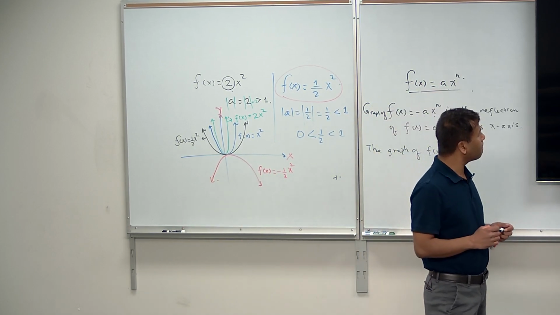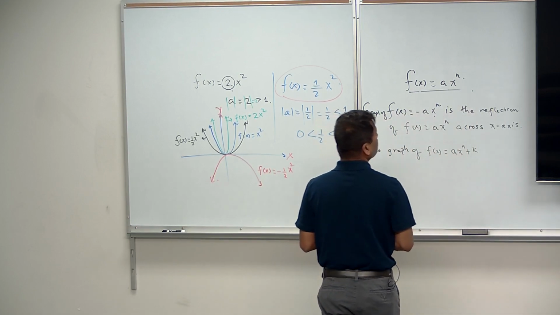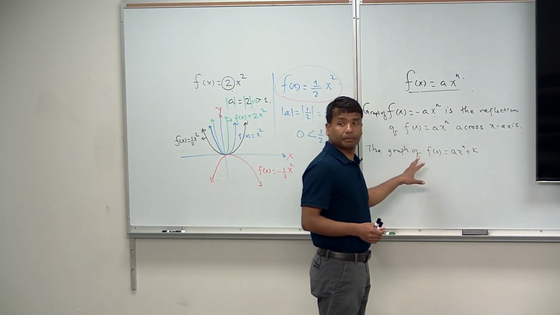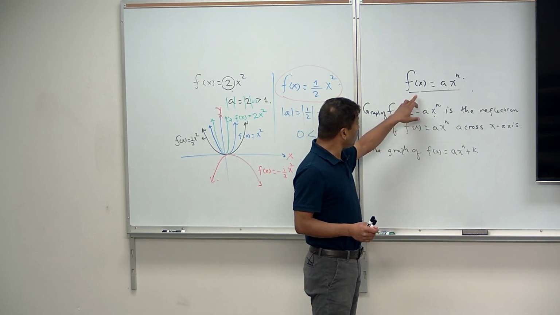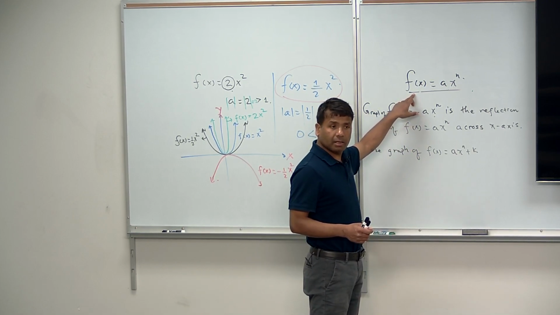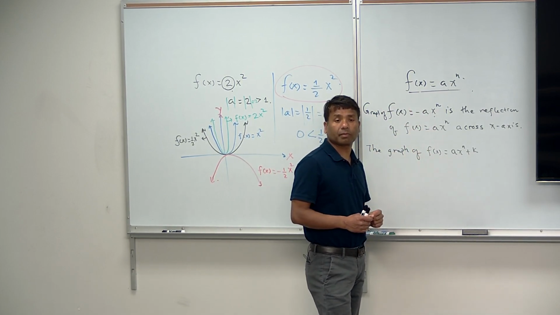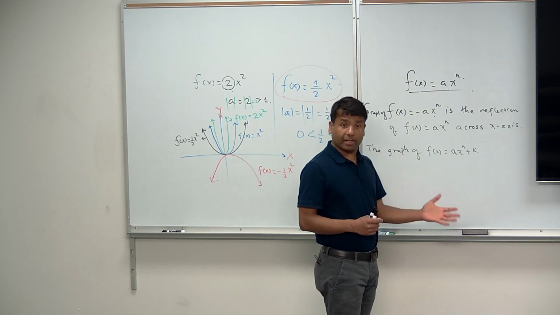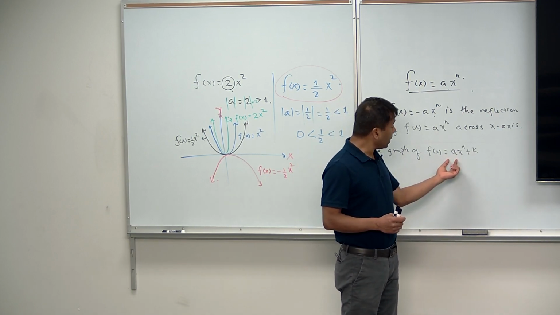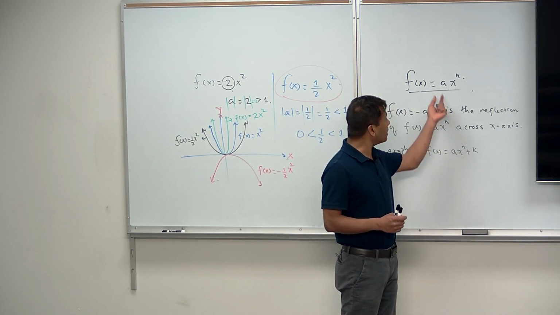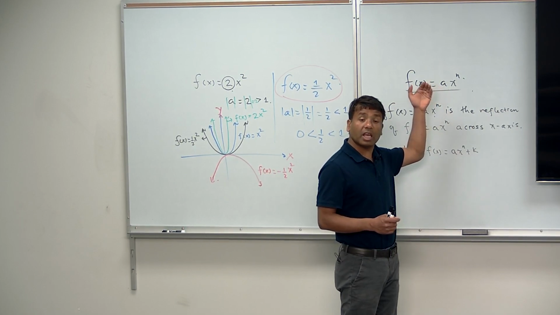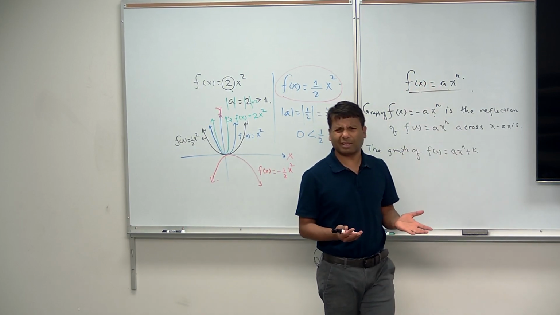That makes sense? Are you with me, guys? If you translate the graph of this function k units up, if k is positive, then you will get the graph of this function. If k is negative, the graph of this function is obtained by shifting the graph of this function k units down. Does that make sense?